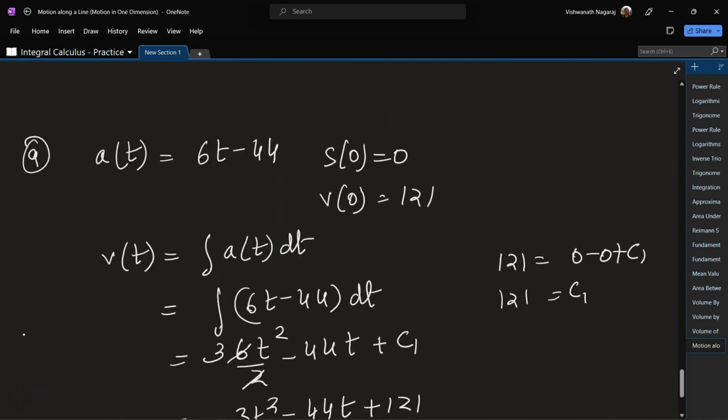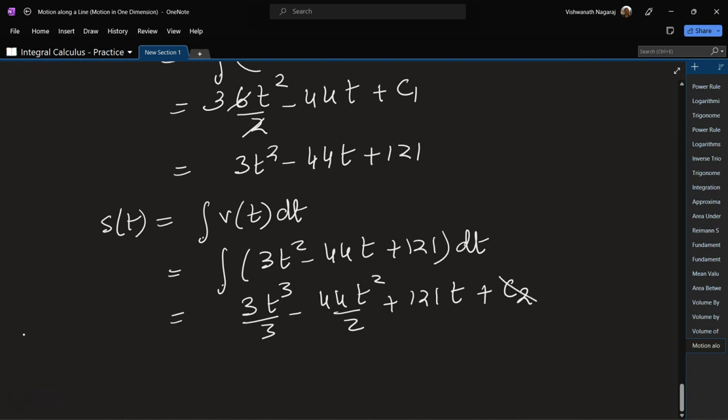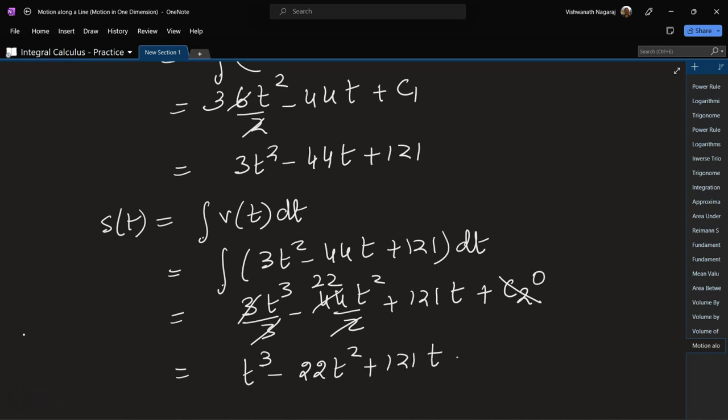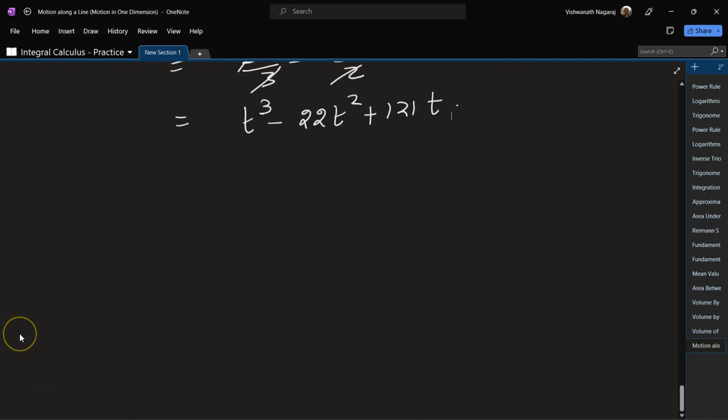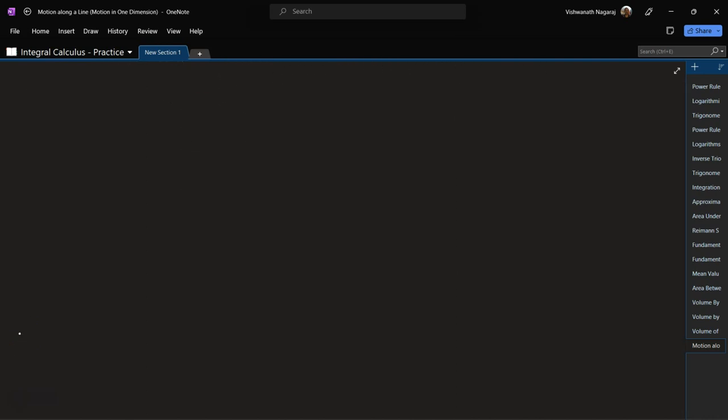Now s of 0 is 0, which means c2 is going to be 0. 3 and 3 cancels, 2 22s. So we have t cube minus 22t square plus 121t as the displacement. Okay. Let's look at the 10th one.